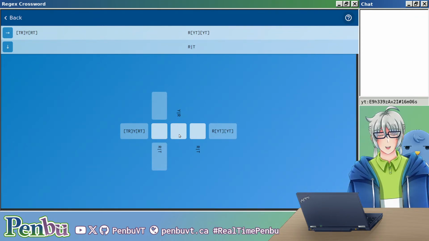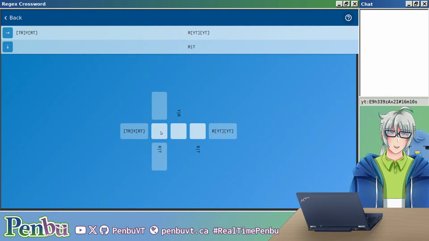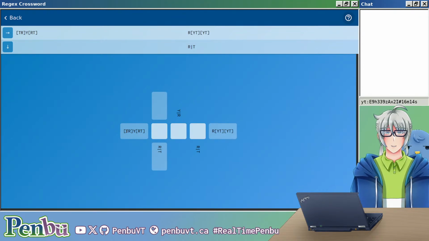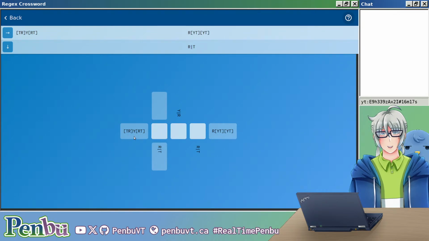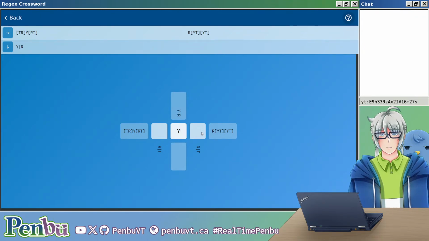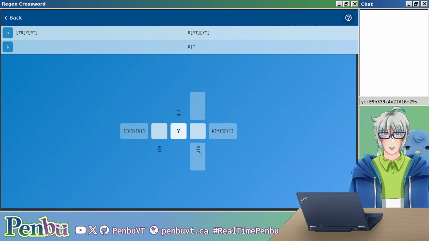Okay, so what do we have? This has to be a Y or an R. This has to be an R or a T, and this also has to be an R or a T. We have any character that's a T or an R, followed by a Y, and then followed by either an R or a T. Because this second one is forced, that is a Y. R or T is the same here, so that doesn't give us anything.